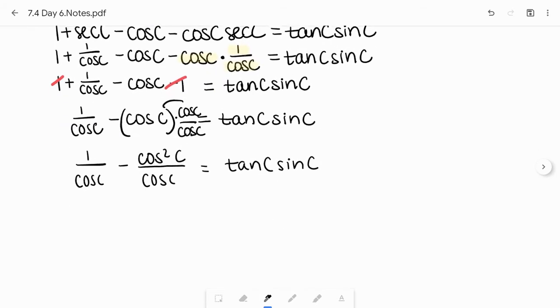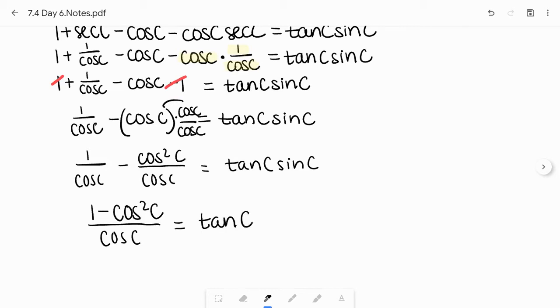Okay, let's go ahead and write that as one fraction. So I have 1 minus cosine squared of c over cosine c is equal to tangent c sine c.